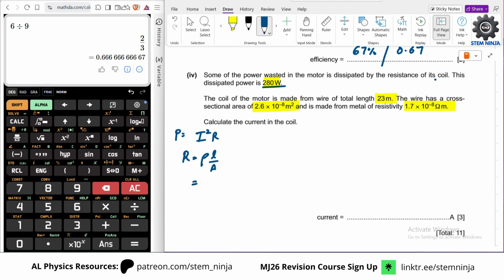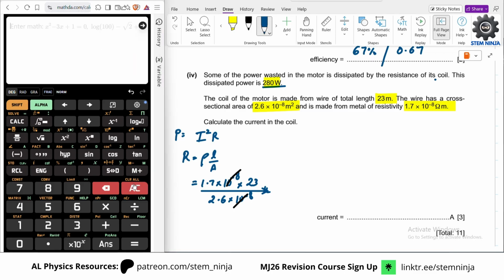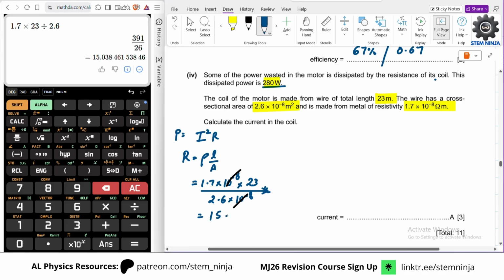So that would be rho is 1.7 times 10 raised to power minus 8, length is 23, cross-sectional area is 2.6 times 10 raised to power minus 8. The minus 8 gets cancelled. So the resistance that we have is 1.7 times 23 divided by 2.6, 15.038 ohms.